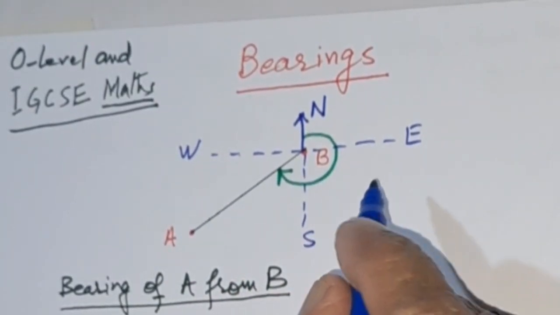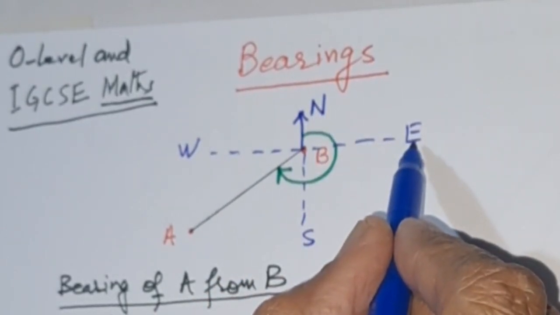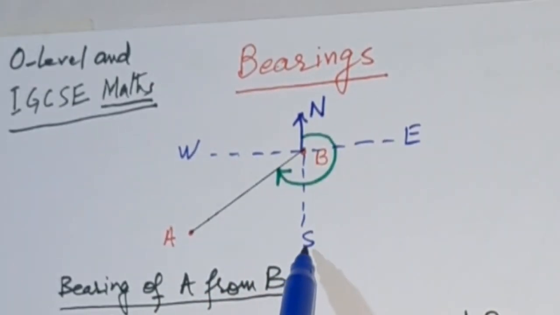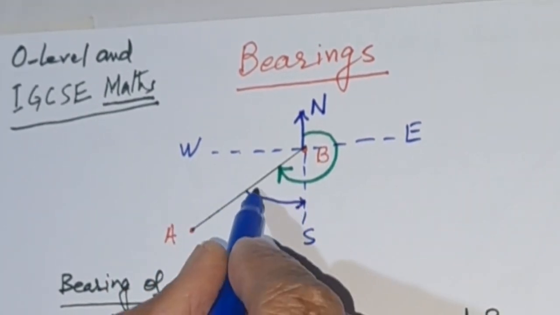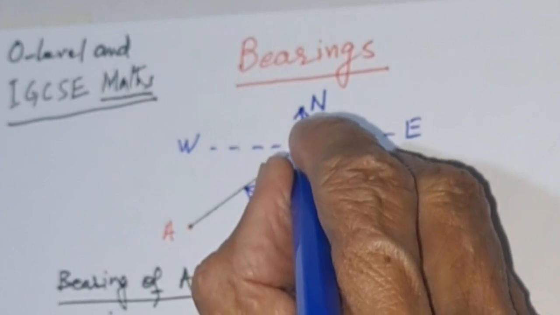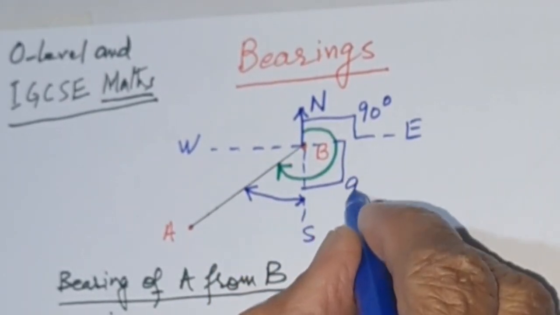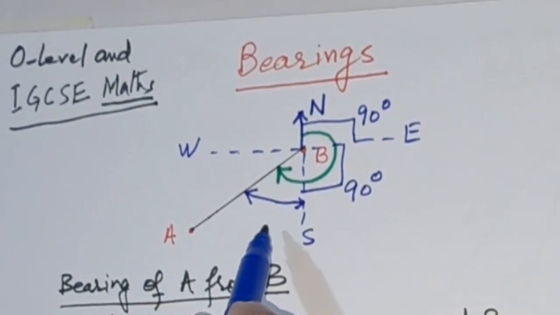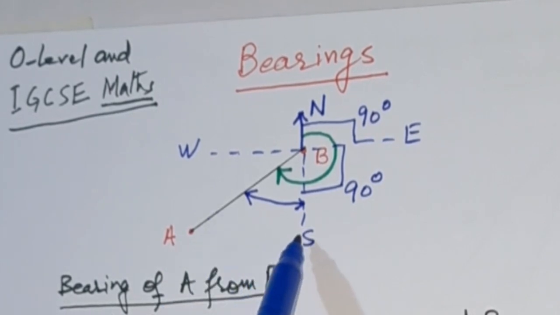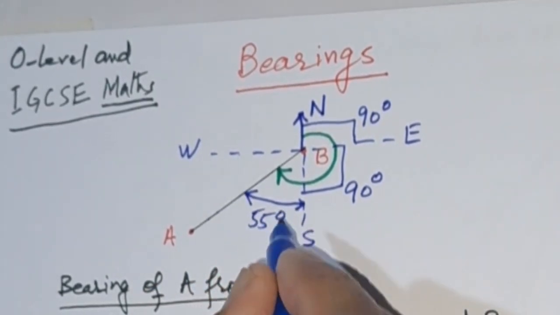Now the angle between north and east is 90 degrees, east and south is 90 degrees. So we are only left with this angle. If we know this angle and add in this 90 degrees and this 90 degrees, then we will have the bearing of A from B. Let us say that the angle from south to A, that is this angle, is 55 degrees.